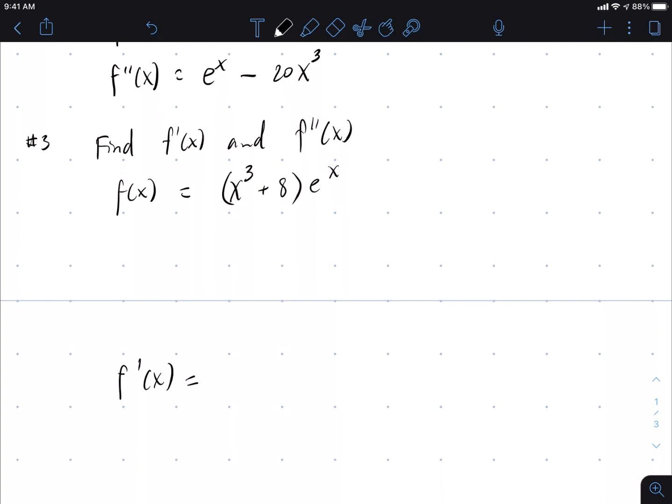Would you have to do the product rule to the parentheses and e to the x? So it is a product, so that means we do need to do the product rule. Now it depends. If you distribute, it ends up being a little bit different. I wouldn't. So it just depends on how you want to attack it.